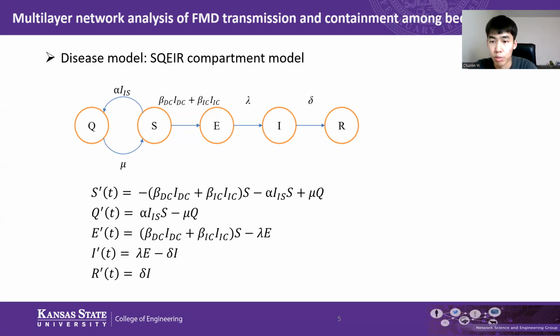A susceptible node can be quarantined if it receives notification from infectious neighboring farms in the information sharing layer. The state transition process is expressed in these equations.